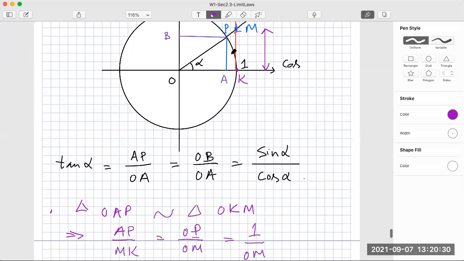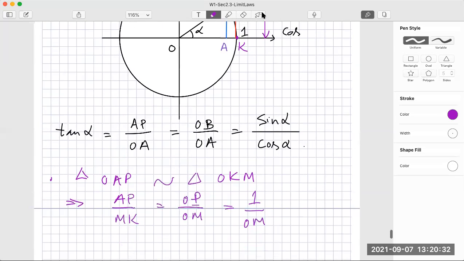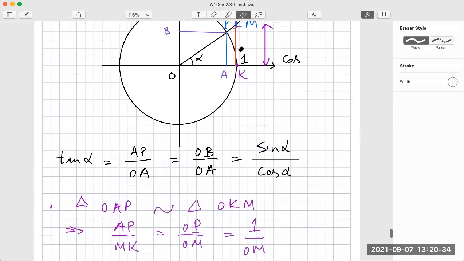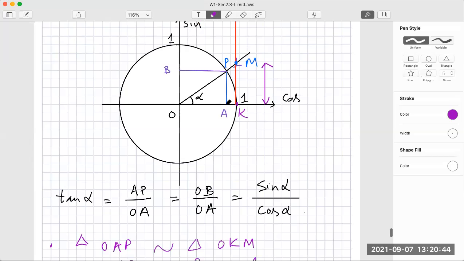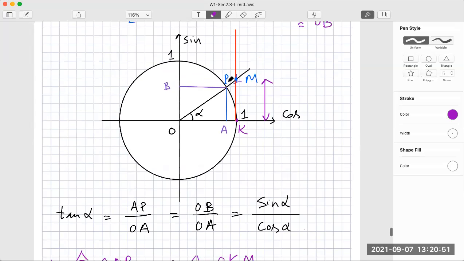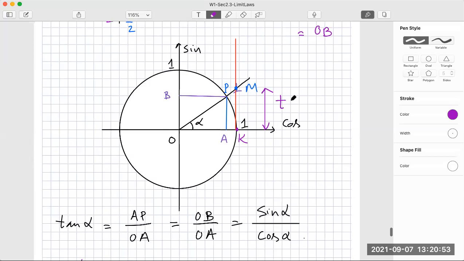Sorry, let us use a different ratio here. AP divided by OA will be the same as MK divided by OK, and OK is 1. Then we see that this distance, from K to M here, tells us the tangent alpha. And this is the axis of tan alpha.